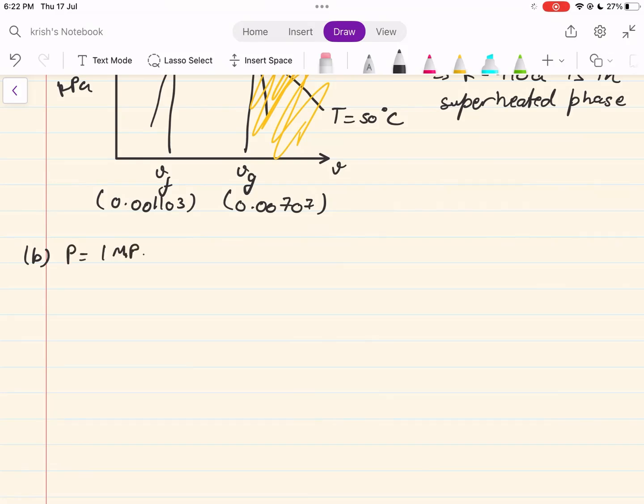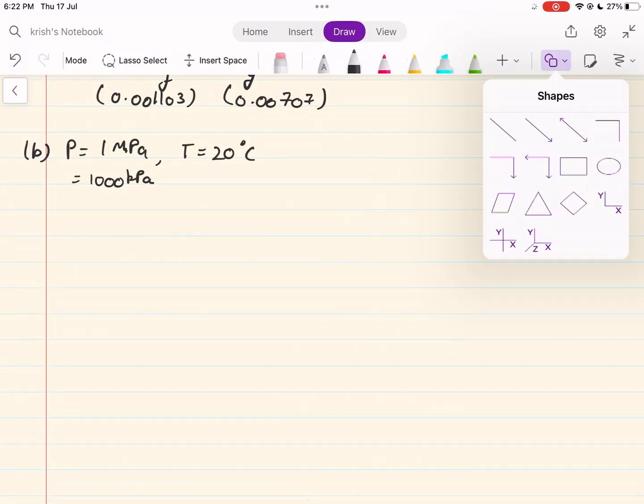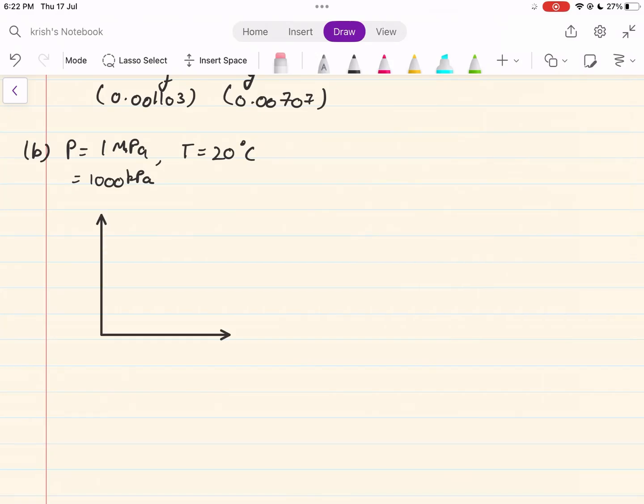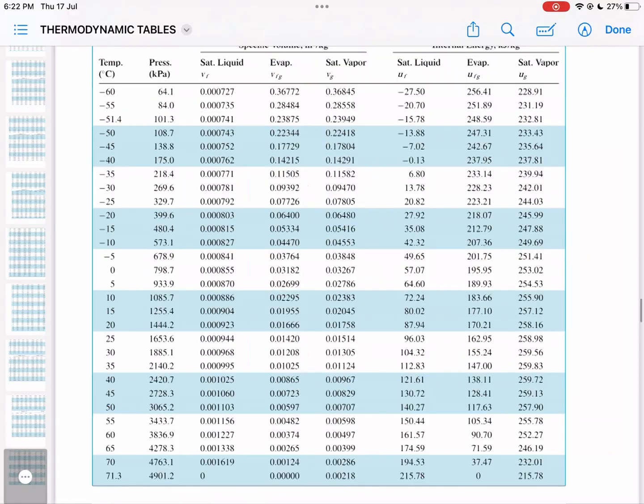Part B, we have pressure of 1 megapascal and a temperature of 20 degrees Celsius. 1 megapascal is 1000 kilopascal. Let's see. Now here, unlike water, we do not have both a pressure entry and a temperature entry.